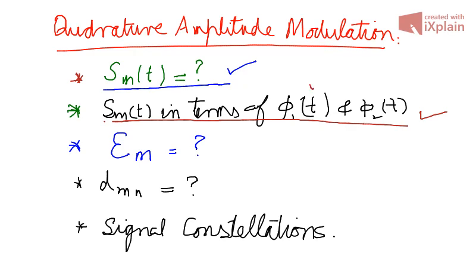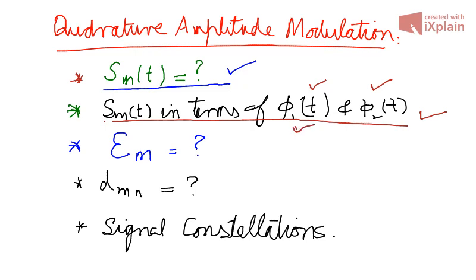When we say orthonormal basis functions, they have two properties. Phi1 and phi2 are orthogonal, and their normalized energies are unity.